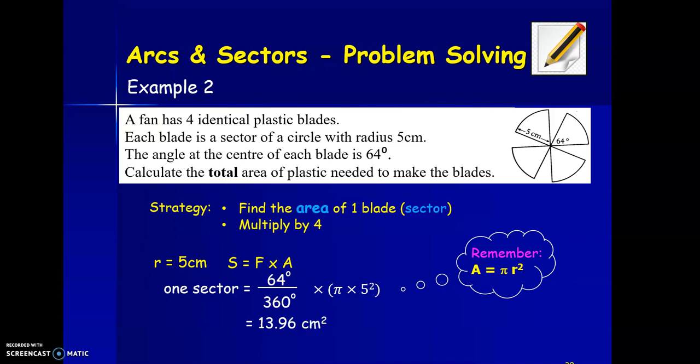And if we put this into the calculator, we will get 13.96 square centimetres. So the area of one blade is 13.96 square centimetres. But remember, there are 4 blades. So our total area is 13.96 times 4. So a total of 55.84 square centimetres of plastic is needed.